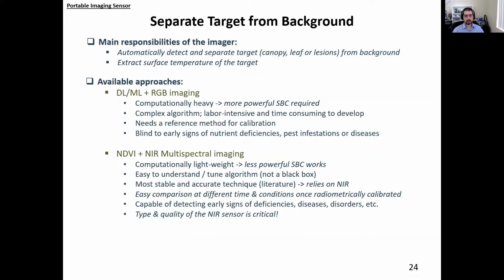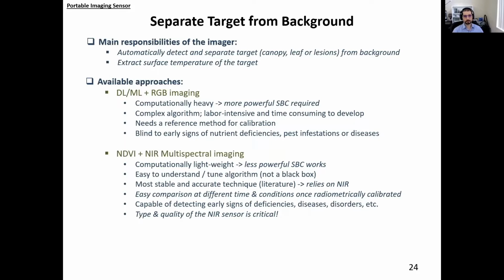Another known method in the literature, and a lot of people like this method also, is combining NDVI with NIR multispectral imaging. Whenever we have access to NIR multispectral imaging, we can calculate NDVI and do a very similar thing. This method is computationally light, meaning that less powerful single board computers can be used.